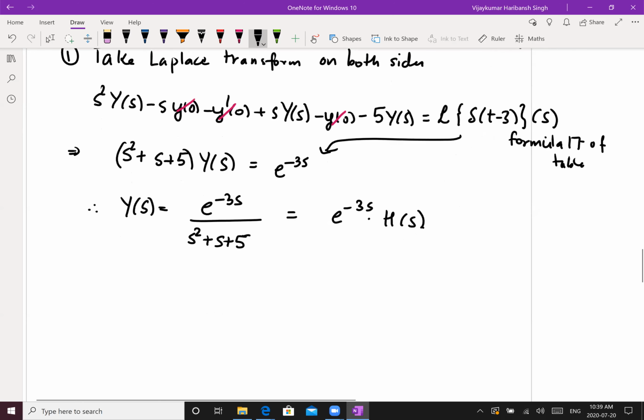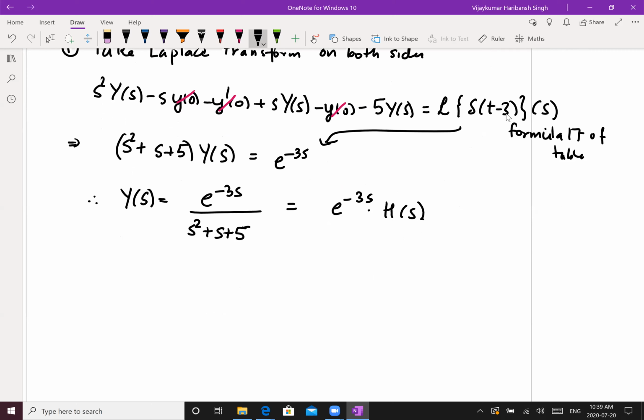Now we need to compute the Laplace inverse. So what is H(s)? We need to write down H(s) in a form we can identify. So your H(s) is 1 upon s squared plus s plus 5.